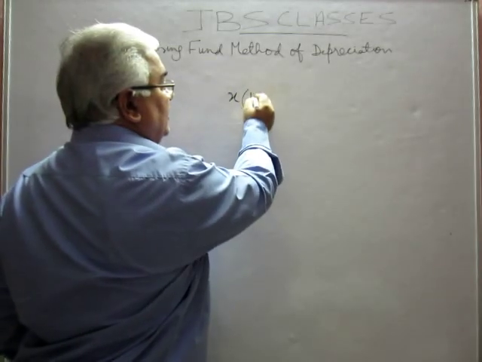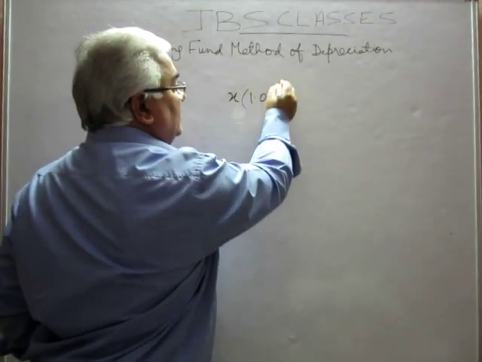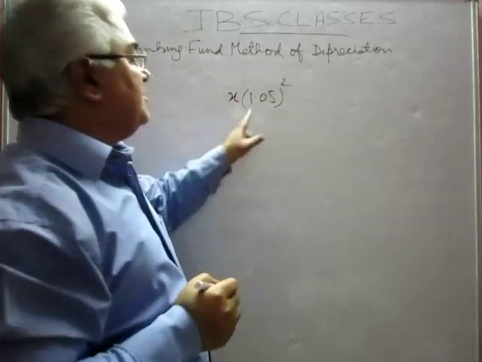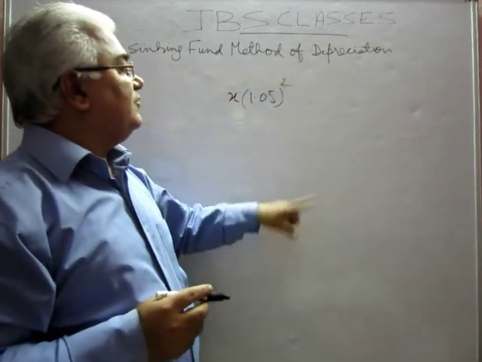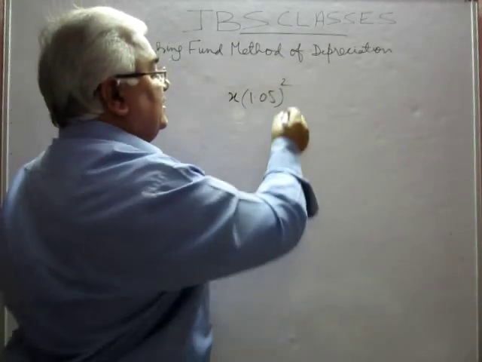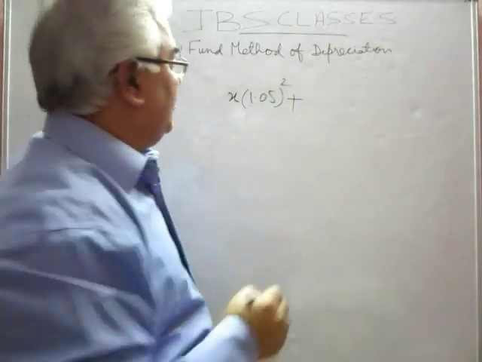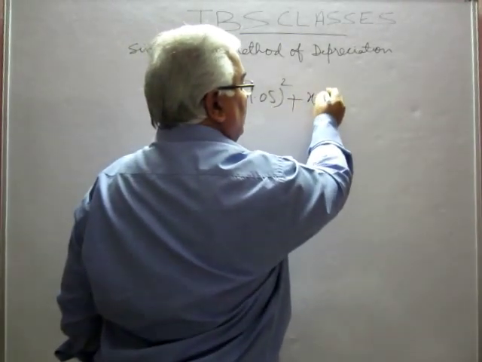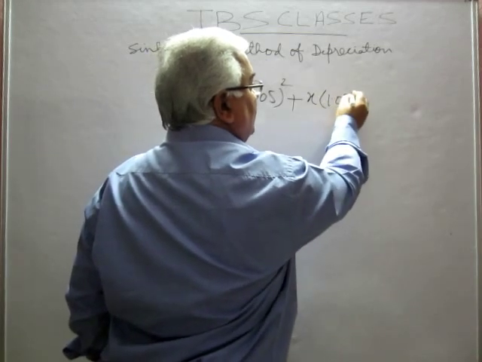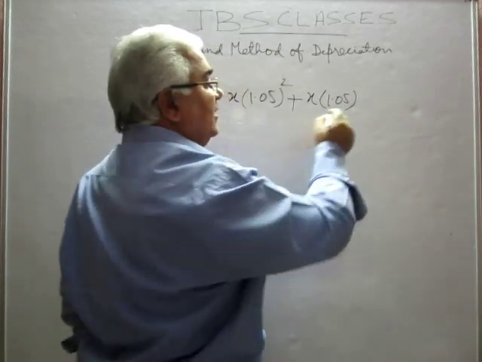So this amount X at the rate of 5% after 2 years will become this amount. Similarly, at the end of second year, if we invest X amount, it will remain invested for 1 year.